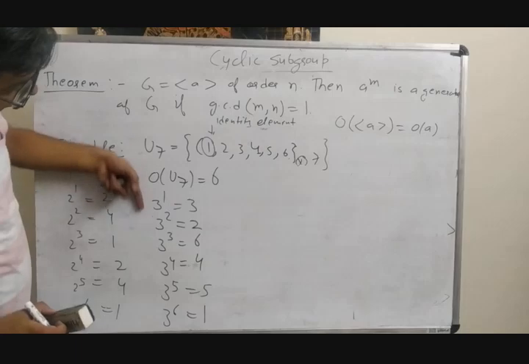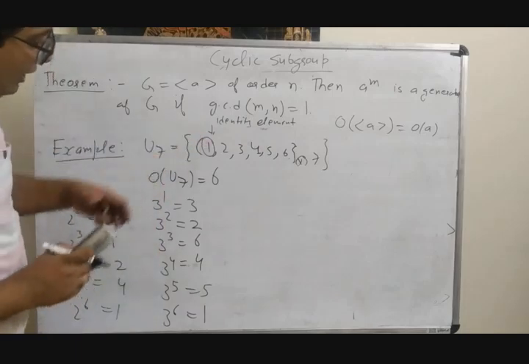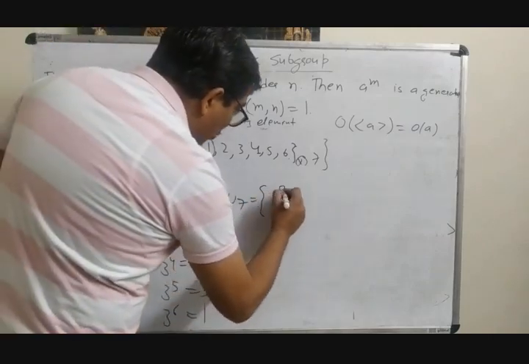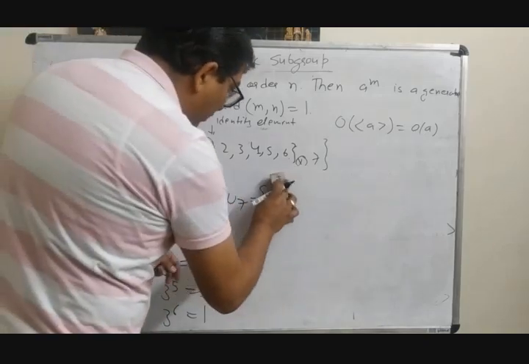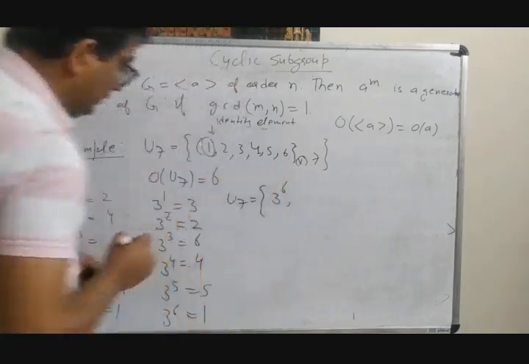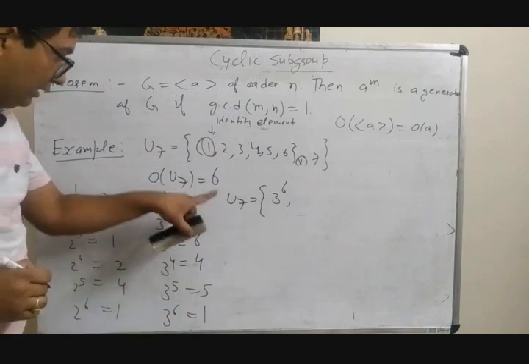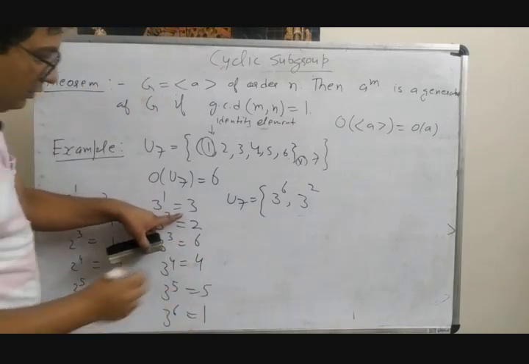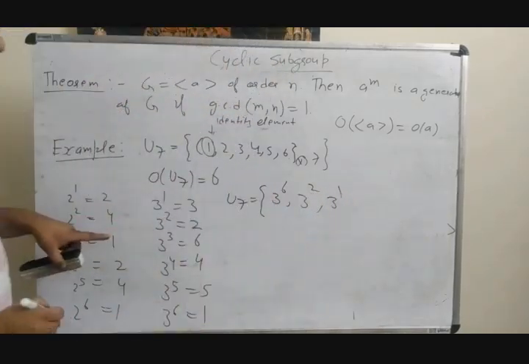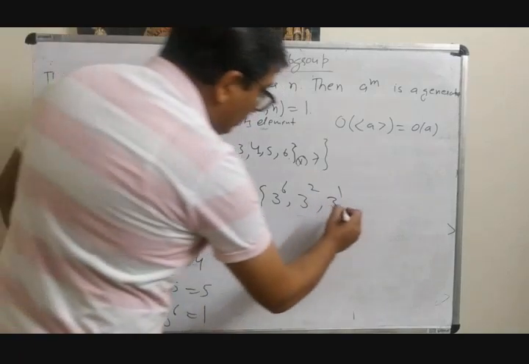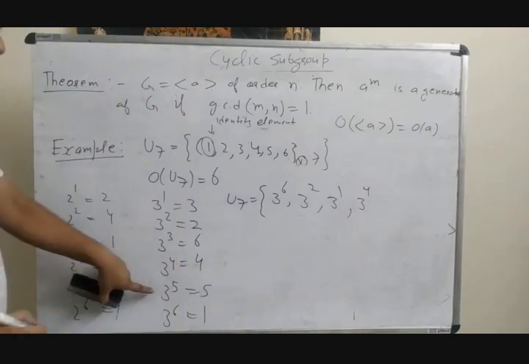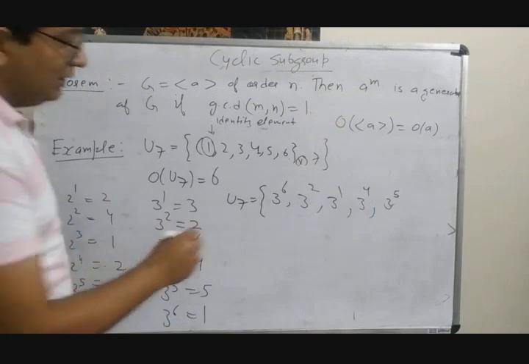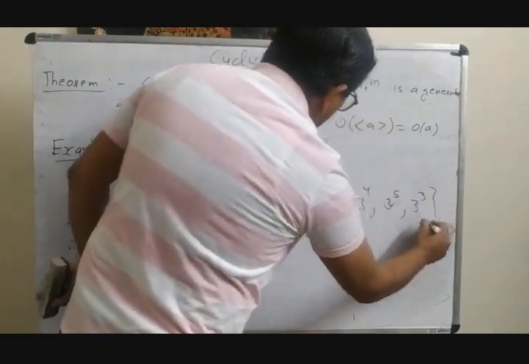So from here what we find is that U7 can be written as 3 raised to power 0, 3 raised to power 6 is 1, 3 squared is 2, 3 raised to power 1 is 3, 3 raised to power 4 is 4, 3 raised to power 5 is 5, and 3 raised to power 3 is 6.